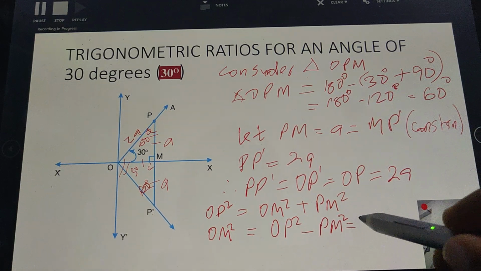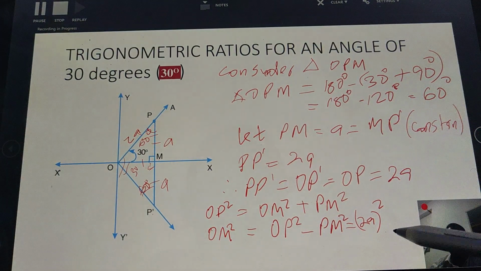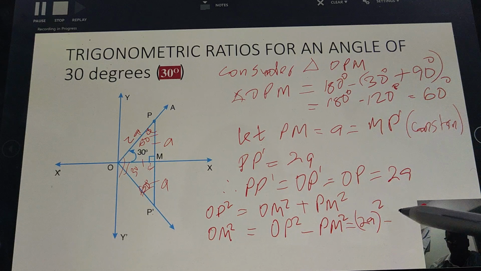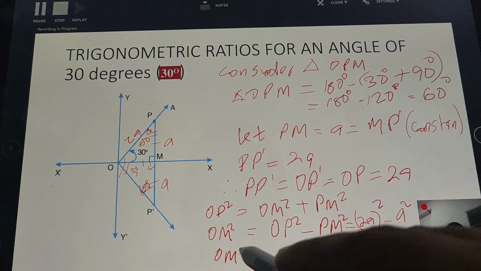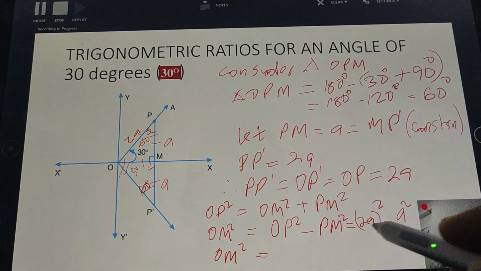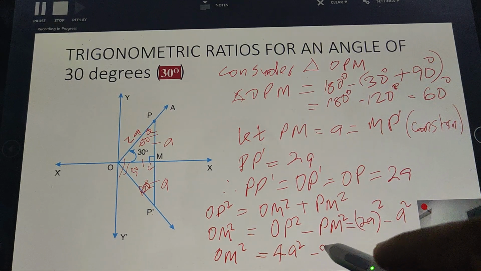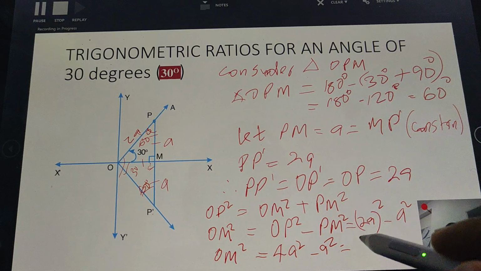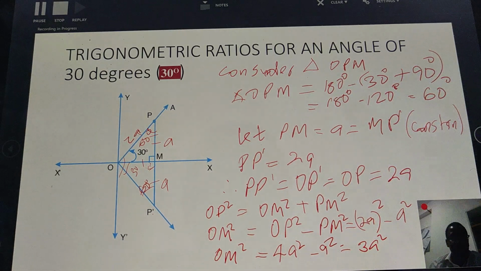OP is 2A, so it's 2A in brackets squared, and this should be subtracted with PM, which is A, so A squared. So OM squared should be equal to, let's expand this one, 4A squared minus A squared. This will be equal to 3A squared. These are like terms.